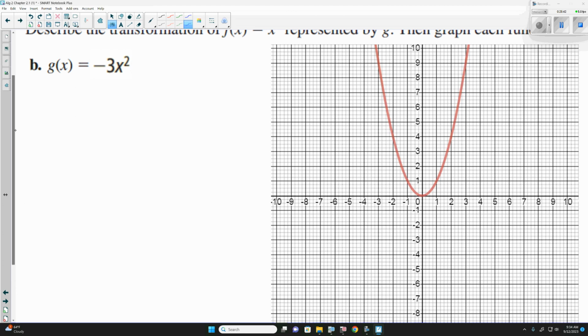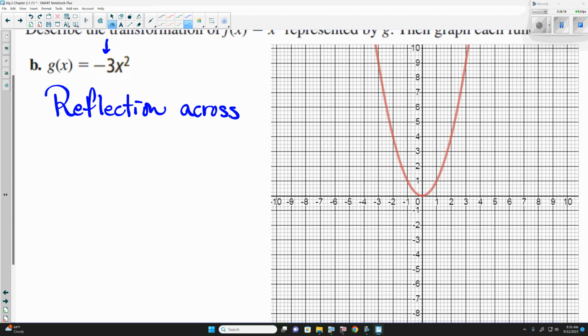g of x equals negative 3x squared. Well, inside or outside parentheses, when we have a negative in front of that x squared, it is strictly talking about what? Reflection. Because when it's attached to that x squared, either in front of the parentheses or inside the parentheses, that negative is talking about a reflection.